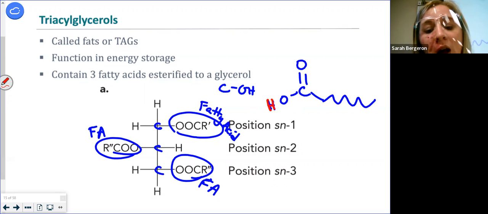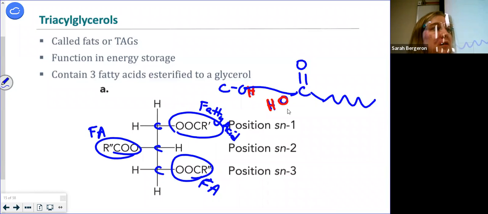You're going to lose a hydrogen, an oxygen, and a hydrogen, and you're going to connect the oxygen to the carbon. And you're going to form an ester. So they call it being esterified. So we've done that basically in 3 places on 1 glycerol molecule.